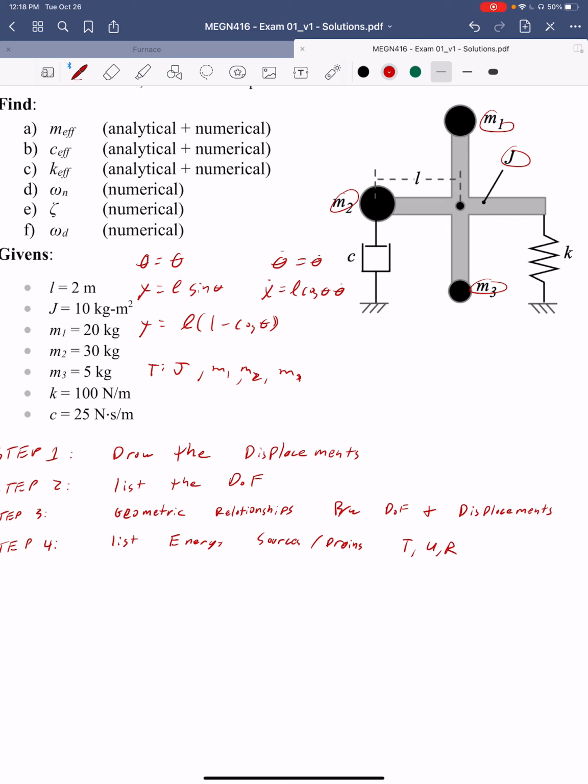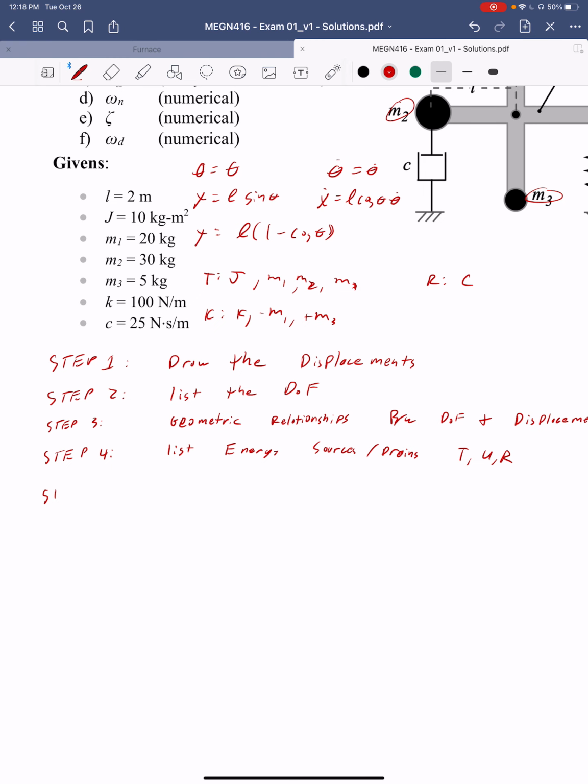Okay. And we do the same thing for the potential energy. We see we have a spring. Mass 1 will be a negative potential energy. Mass 3 is a positive potential energy. And our dissipative is going into C. Okay, so we just list those. We don't worry what their form is yet. We just make sure we've got that accounting.